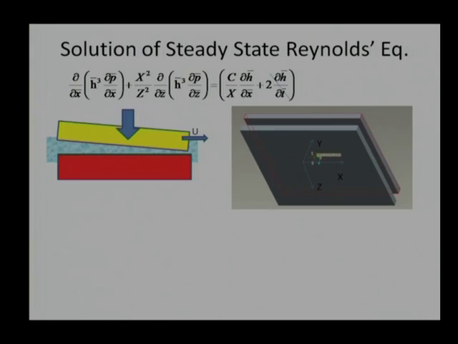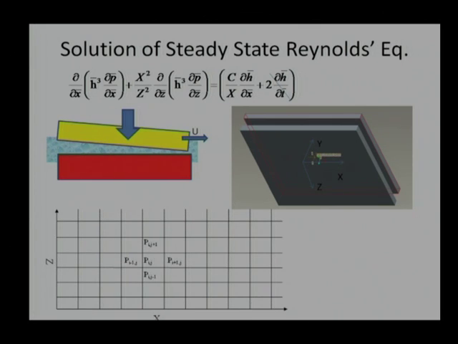So, for starting purposes, it is always advisable to start with a steady state analysis, understand the pressure generation, and see what results we are able to get, what kind of modification in design we should implement, so that we can get much more desirable results. Now, this shows the two plates, and if we want to think about solving this, we can use some numerical method. One of the numerical methods is the finite difference method.